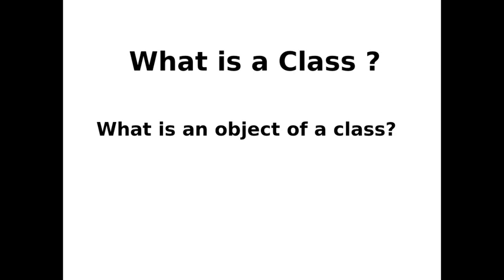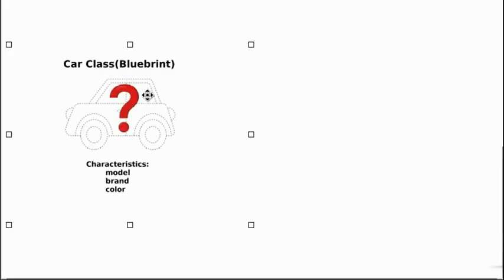For instance, we can have a car class or a car blueprint like this. We have an idea of the car we want, and we also know the characteristics of the car, which in this case are model, brand, and the color of the car. So those are the characteristics we want our car to have.